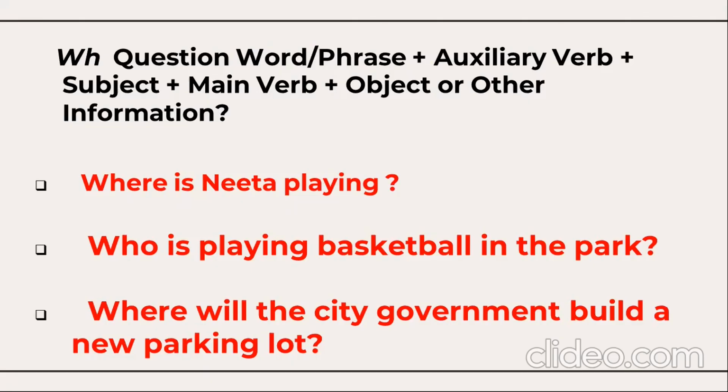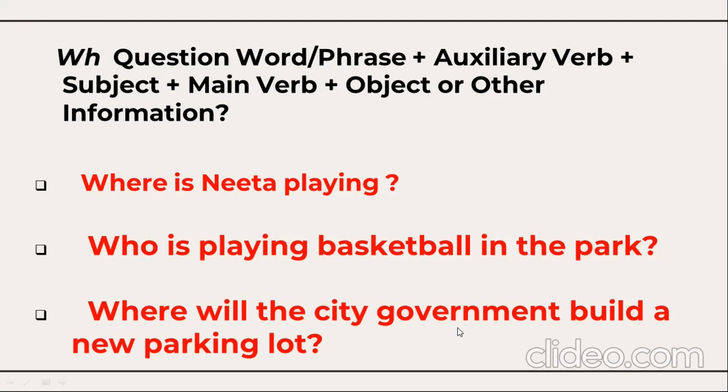Not where you are going. It's wrong. So where is Nita playing? Not where Nita is playing. It's wrong. Who is playing basketball in the park? So after who we have the helping verb is, then the main verb, and the remaining information. And don't forget to mention the question mark if you're writing.